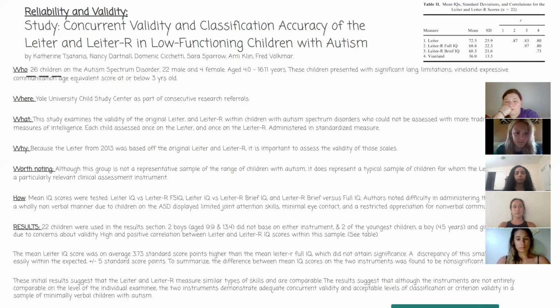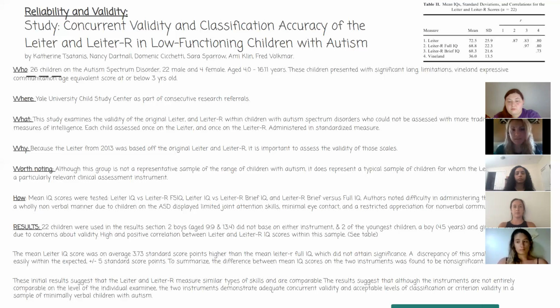So what happened was, on average, there was a 3.73 standard score points higher than the Leiter-R full IQ, meaning that there was a 3-point standard deviation score difference, and it's a small discrepancy. It's really not anything abnormal. Usually, it's easily expected to be plus or minus 5 points on a standard score.